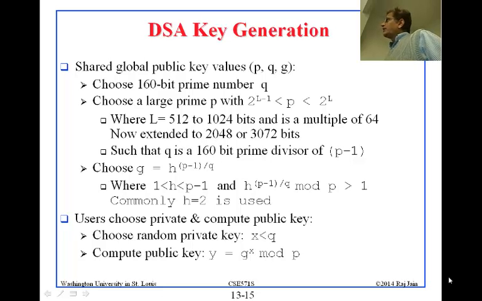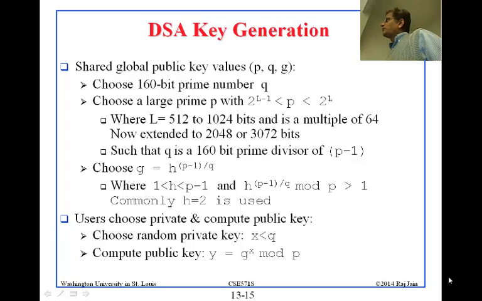Alright, now you calculate G, which is H raised to P minus 1 divided by Q. H is a number such that H raised to P minus 1 divided by Q is more than 1, is not 1.